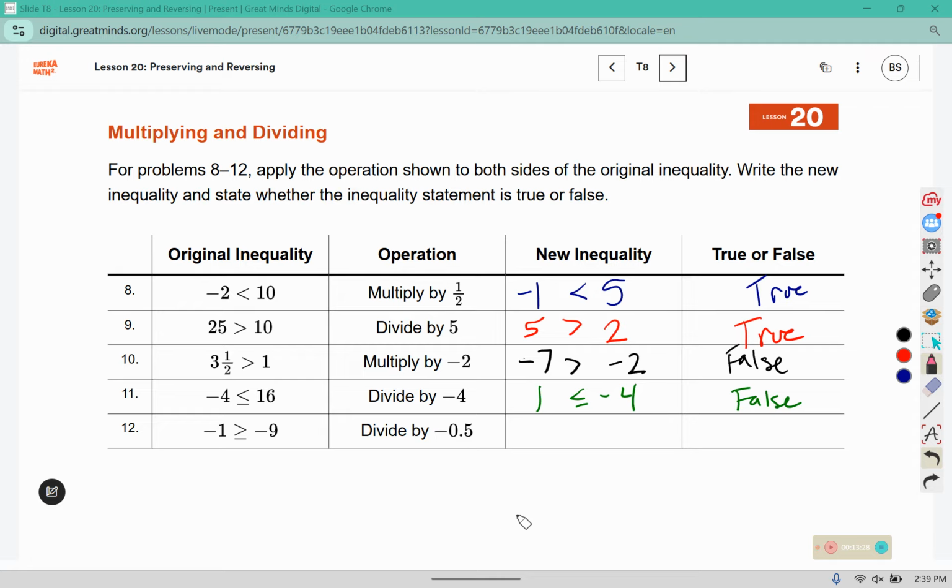Divide by negative 0.5. 1 divided by negative 0.5 is positive 2. Negative 9 divided by negative 0.5 is positive 18. Is 2 bigger than or equal to 18? No, it is smaller than 18.